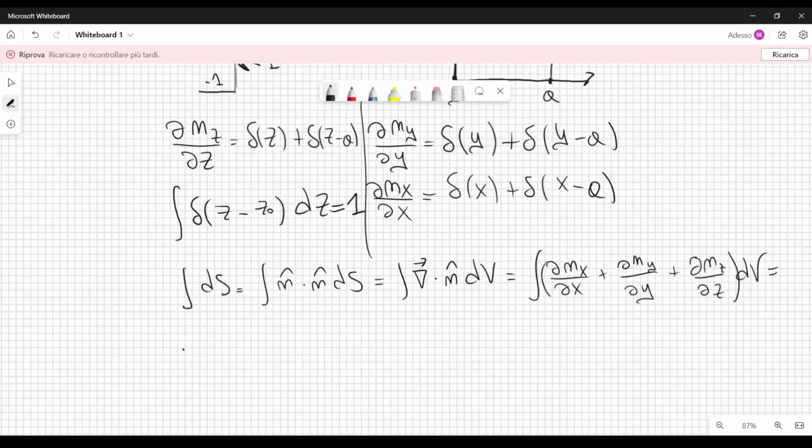And now we can substitute the expressions that we found here, here, and here, and we can rewrite this integral as a sum of the following three integrals.